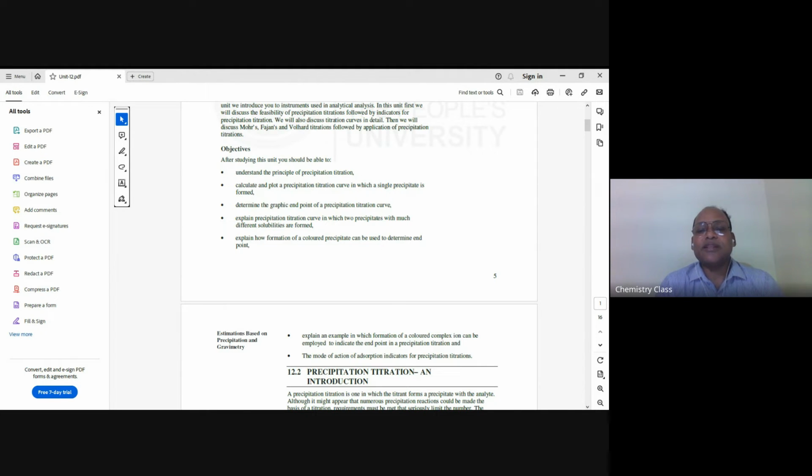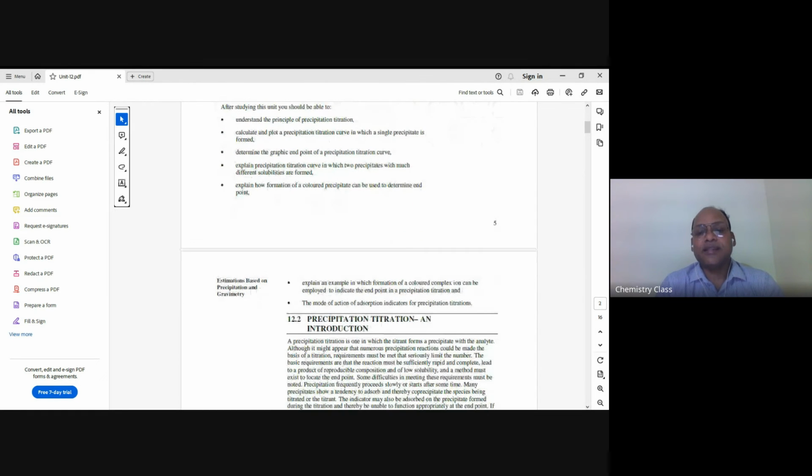Determine the graphic endpoint of the precipitation titration curve. Then explain a precipitation titration curve in which two precipitates with much different solubilities are formed. Next, explain how formation of a colored precipitate can be used to determine the endpoint. These are the things we have to go through.